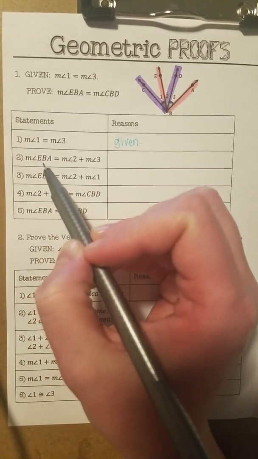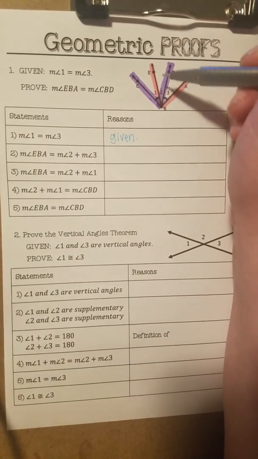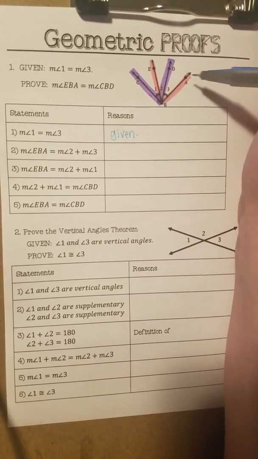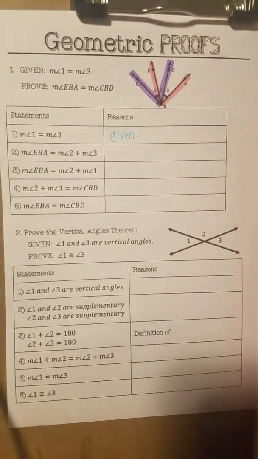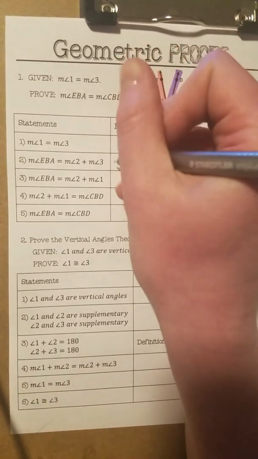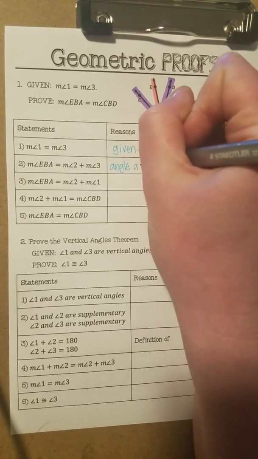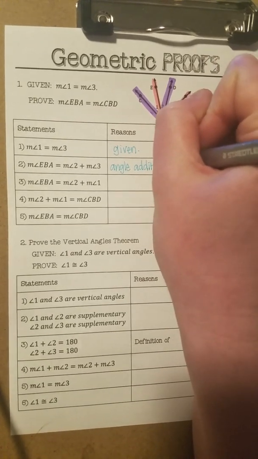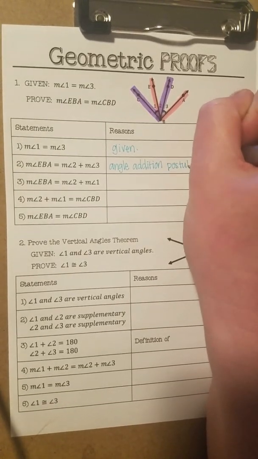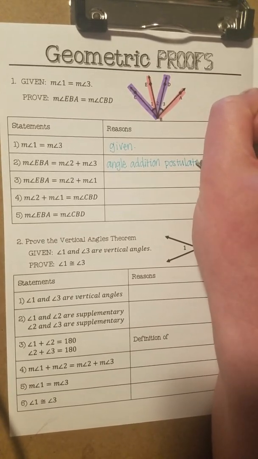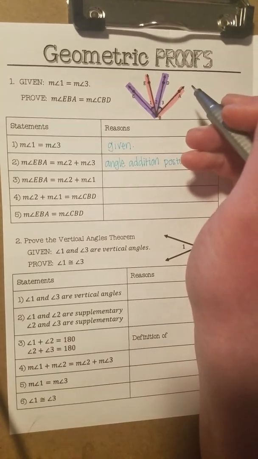Next, we have that the measure of angle EBA is equal to the measure of angle 2, which is this middle angle right here, plus the measure of angle 3. So the measure of angle EBA, the pink angle, is equal to the measure of the middle angle plus the measure of the angle on the right. Now, we know this because of the angle addition postulate, which, if you look at your paper, tells us that if you have two angles and you add those two angles together, then the measure of your new angle is going to be equal to the measure of your first angle plus the measure of your second angle.